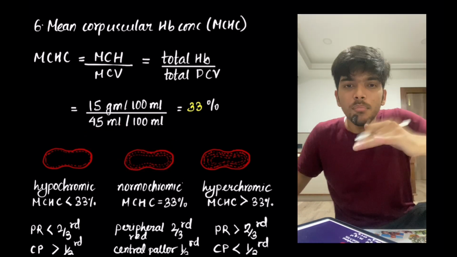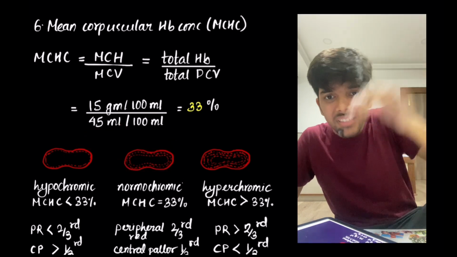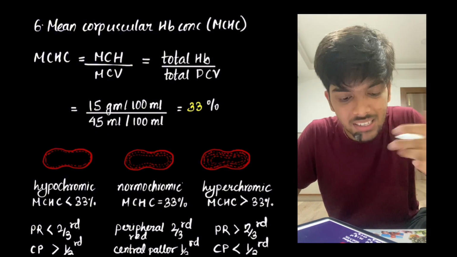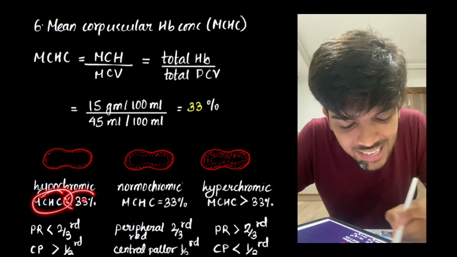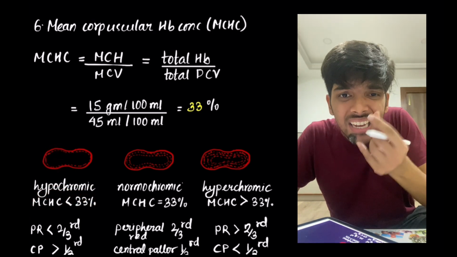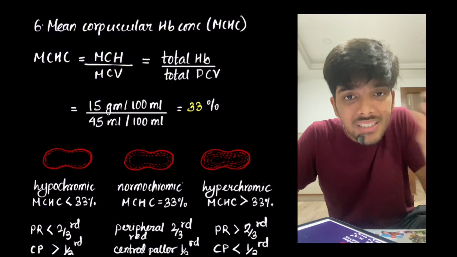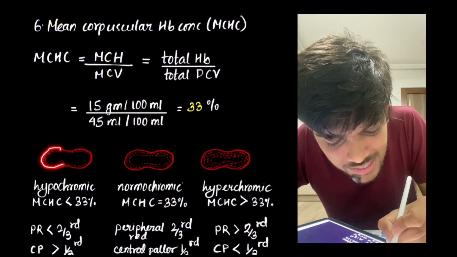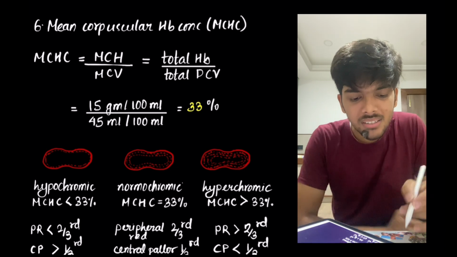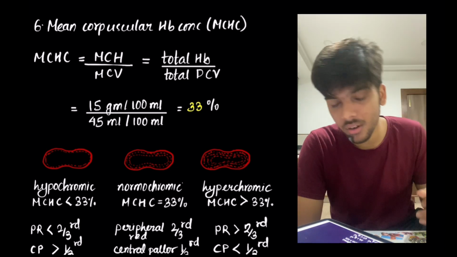There is less hemoglobin for the same volume. That means less concentration. If there is less concentration, MCHC is less than 33%. Obviously, the peripheral red is going to be thinner because there is less hemoglobin for the same volume. It is going to be less than 2/3, and the central pallor is going to be larger, that is, greater than 1/3.